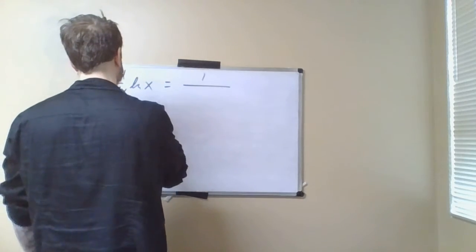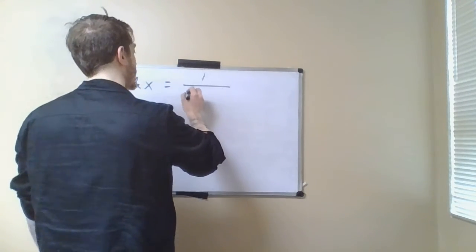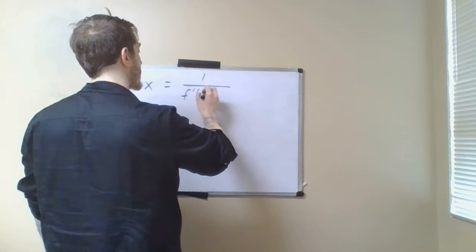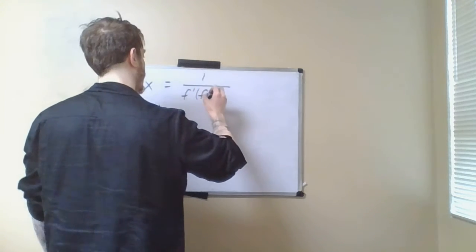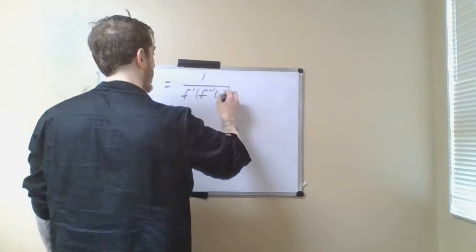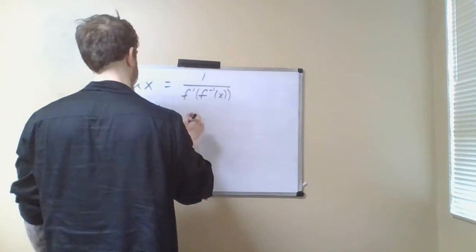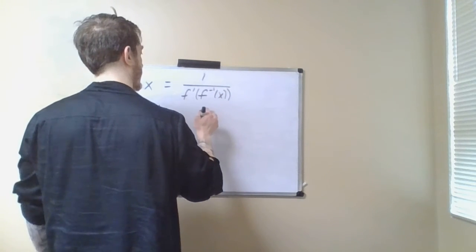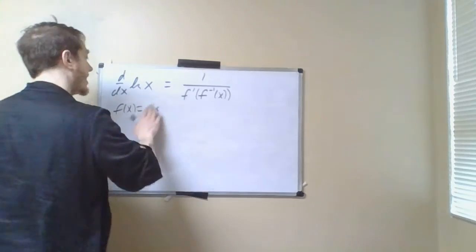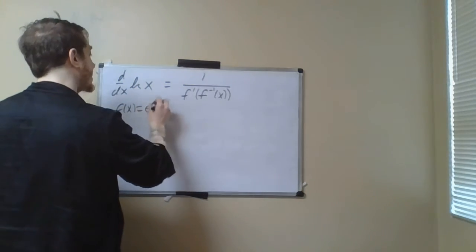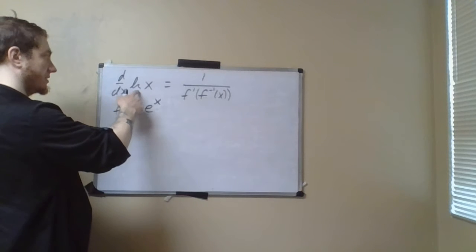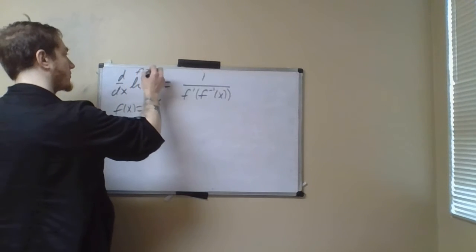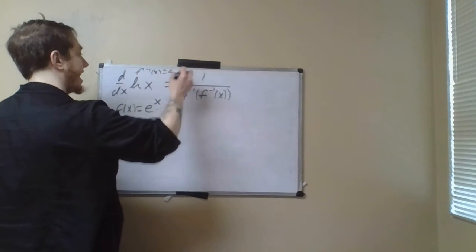If I let f of x be equal to e to the x, that's what I want to do, because this is my f inverse. F inverse of x equals natural log x.